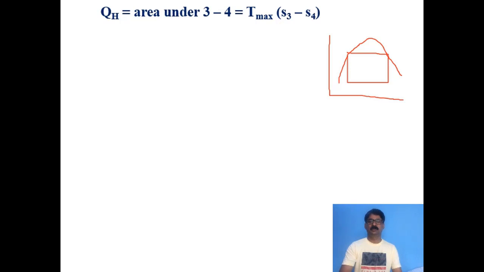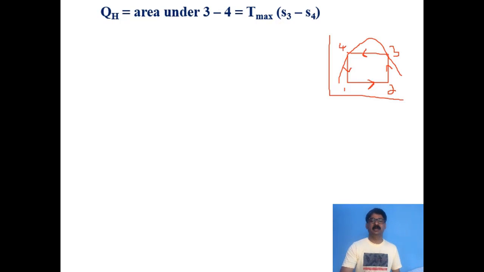Okay, so this is 1, this is 2, this is 3, and this is 4. So the process direction is 1 to 2 is the evaporation, 2 to 3 is the isentropic compression, 3 to 4 is the condensation, 4 to 1 is the expansion.